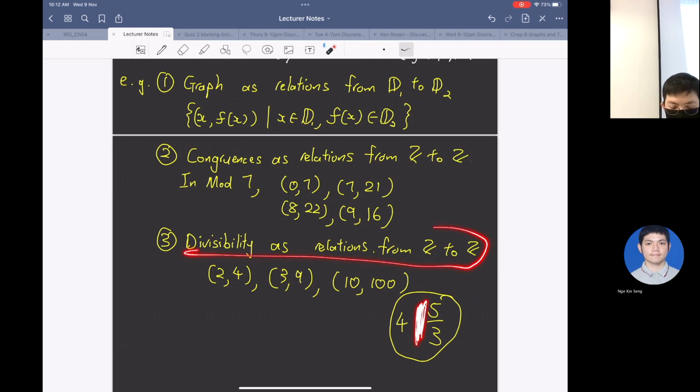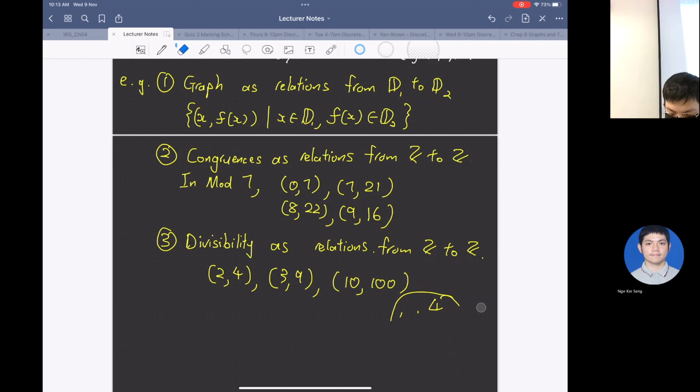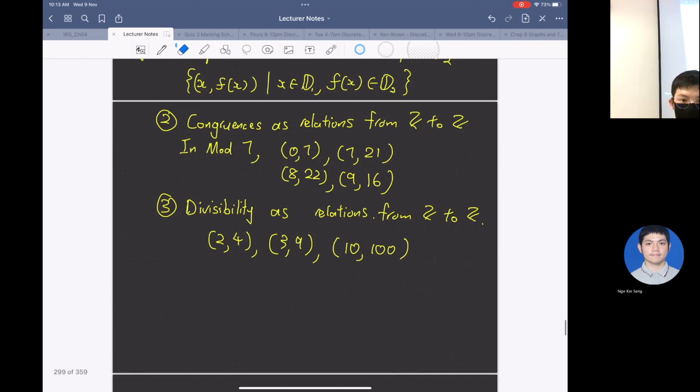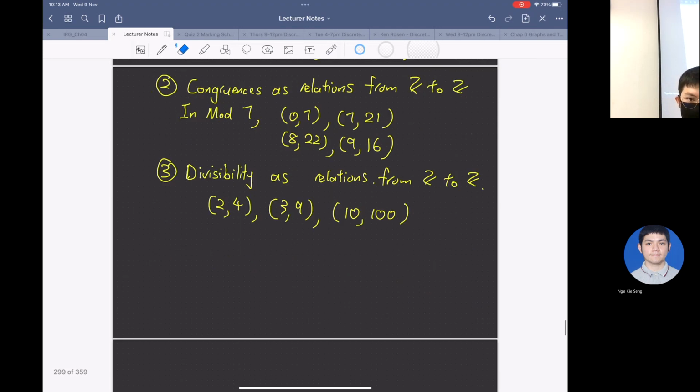Our divisibility is only from Z to Z, not on the real numbers. For example, 4 divides 4/3, but we don't introduce this kind of thing. So be careful on what you write.